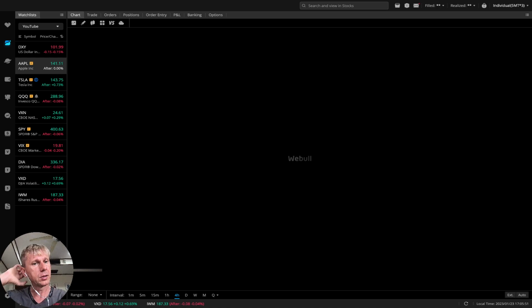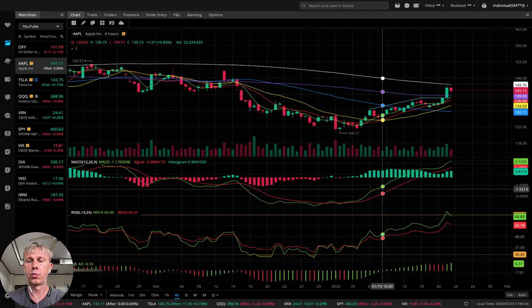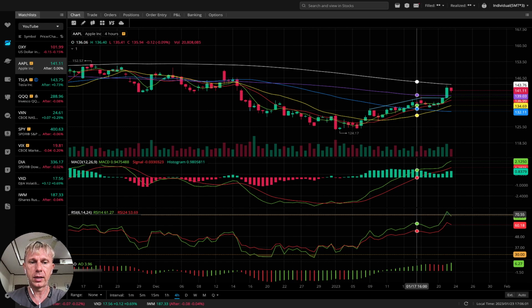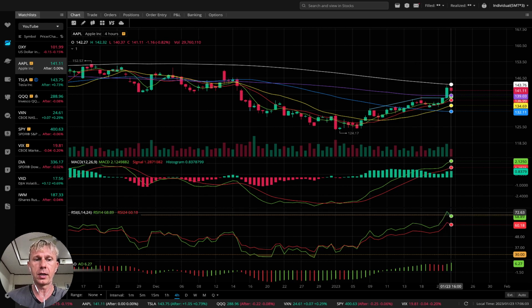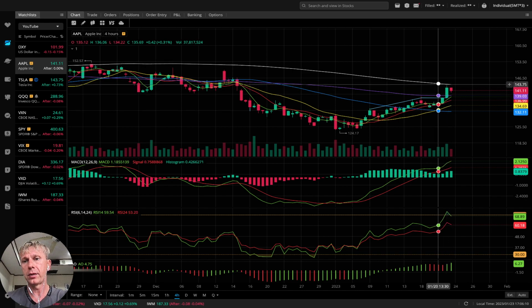Let's move to 4 hours for Apple. Same, bullish trend on the MACD, on RSI, and also the oscillator. RSI is over the 70 yellow line, which is overbought territory. RSI is now in overbought territory, and the previous bar touched the MA 200.